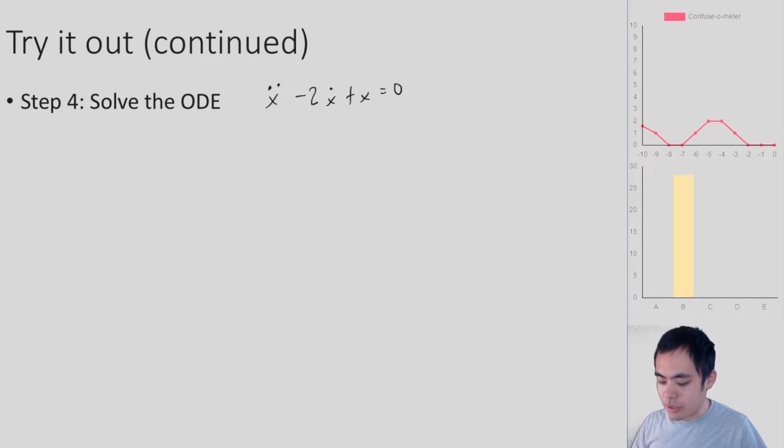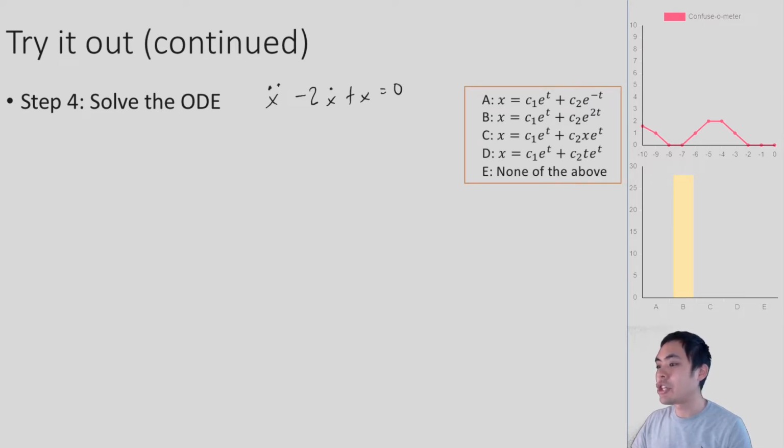And we need to solve for this ODE, and the question is which of these is the general solution to this homogeneous ODE? And let me reset the chat. Okay, it looks like people think it's C.